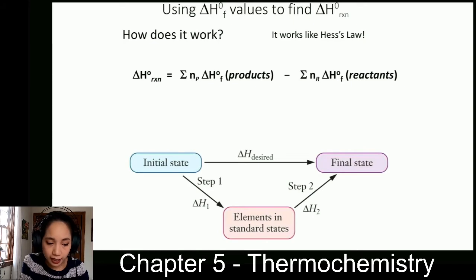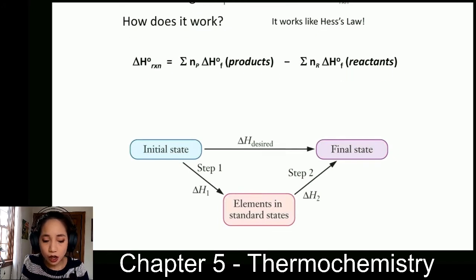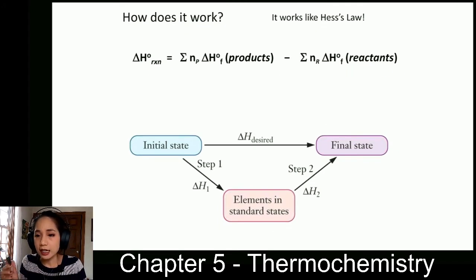It works just like Hess's law. You're essentially taking the formation of products and subtracting the formation of reactants. So what you're saying is, if we make all of the products from their standard state and subtract all of the reactants being made from their standard state, all the standard state things cancel, and you're only left with the compounds that we care about.